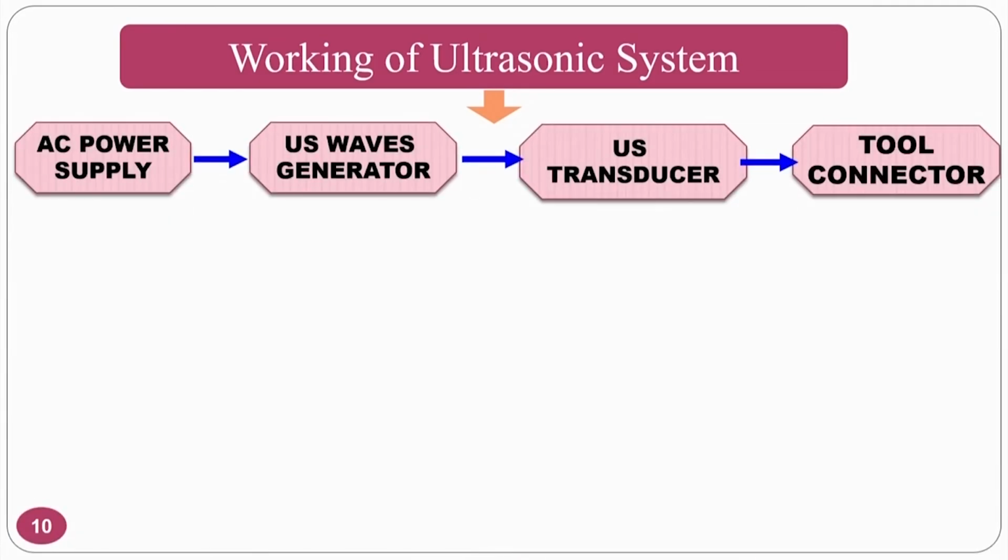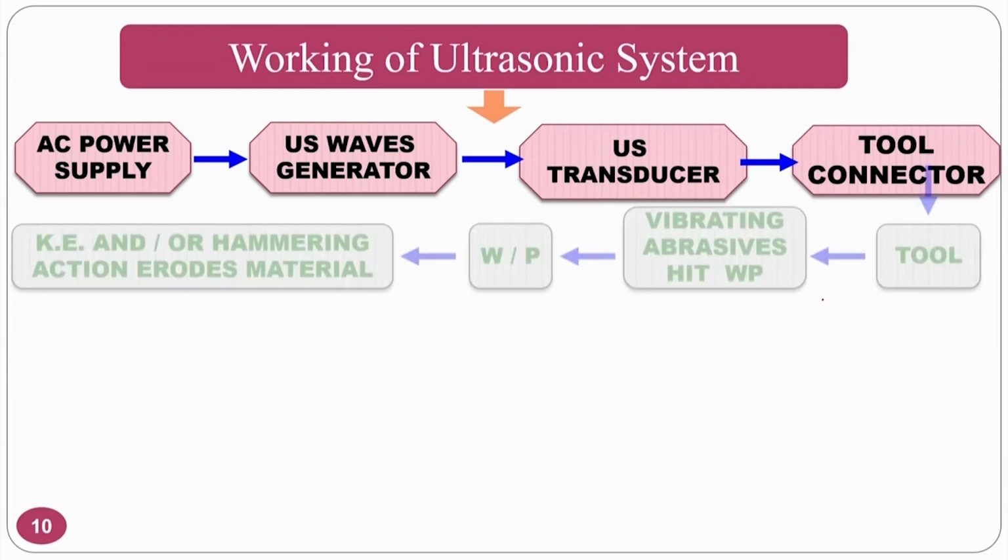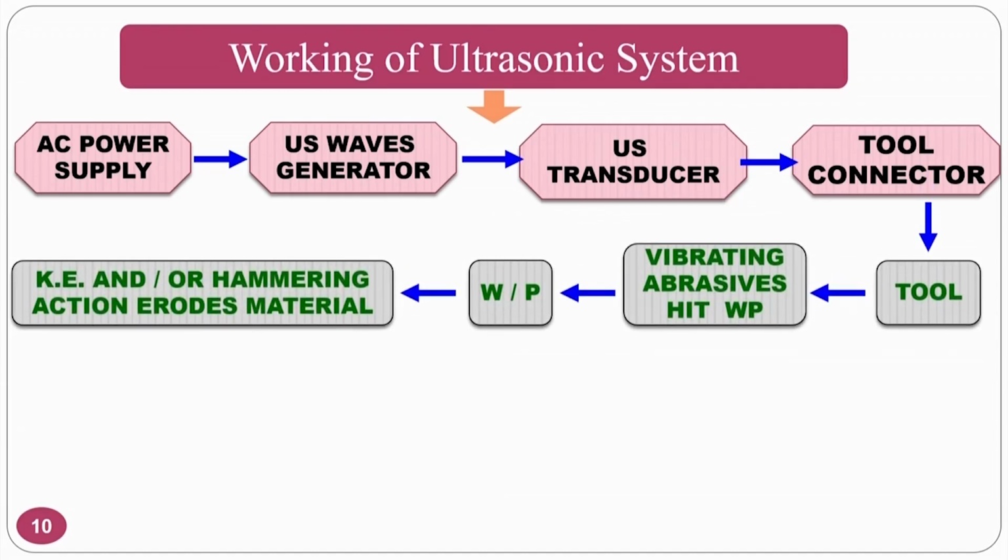Working of ultrasonic system. How does it work? You supply the AC power to the ultrasonic wave generator, and it converts into ultrasonic waves. The ultrasonic wave generator possesses the ultrasonic transducer which is connected to the tool, and this transducer produces the ultrasonic vibrations, and these vibrations are given to the tool.